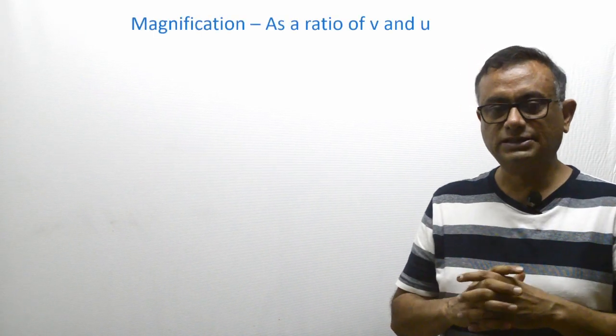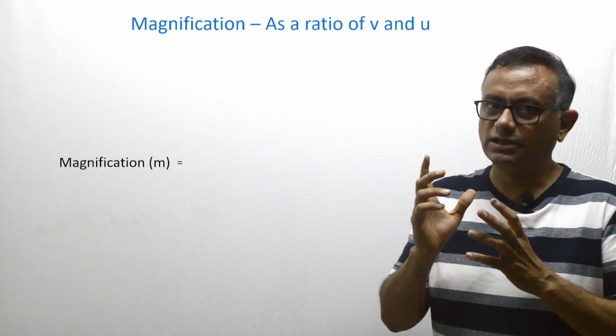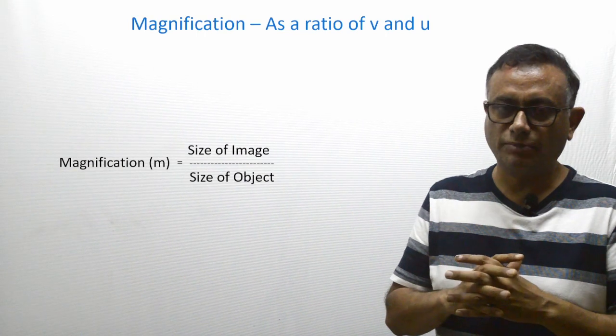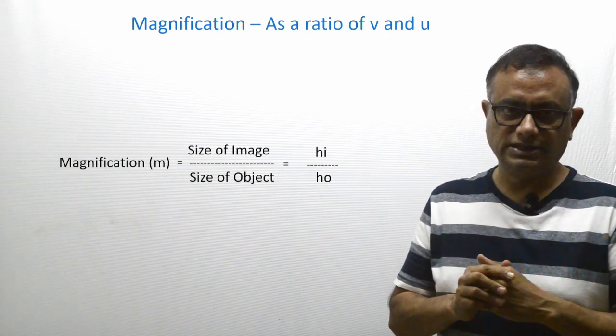It's also possible for us to correlate magnification with the image distance V and the object distance U. We define magnification M as minus V by U. The minus is built within the formula, and V and U are the image distance and the object distance.